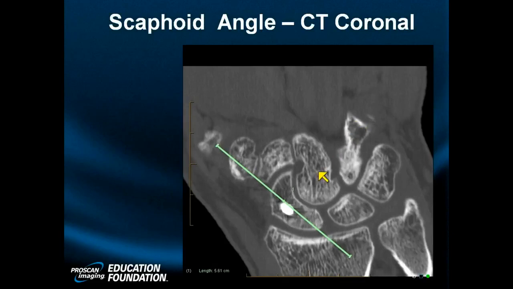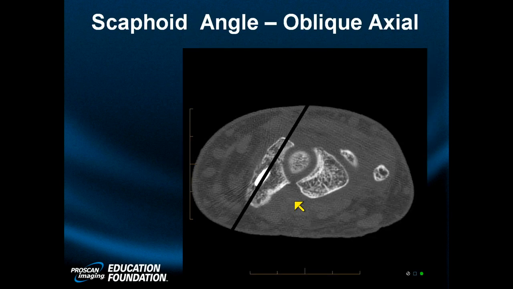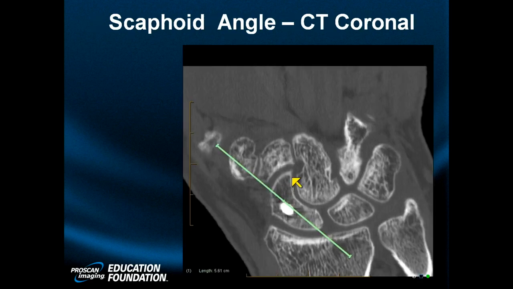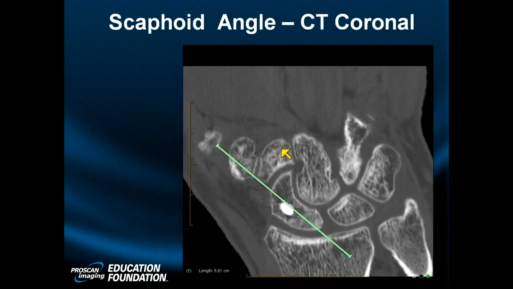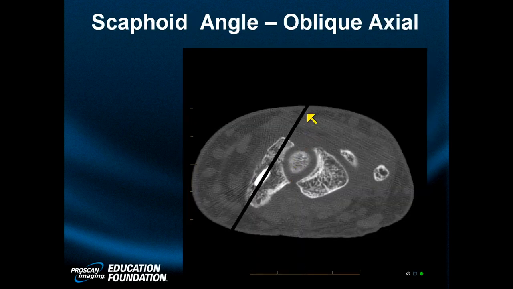So then we take our coronal that we've reconstructed and we do an oblique down the long axis of the scaphoid, evaluating the integrity of healing and our compression modified Herbert screw. Then we take that, which we've just created from this, and we make another oblique. So this is a paraxial, this is a parasagittal off the paraxial.